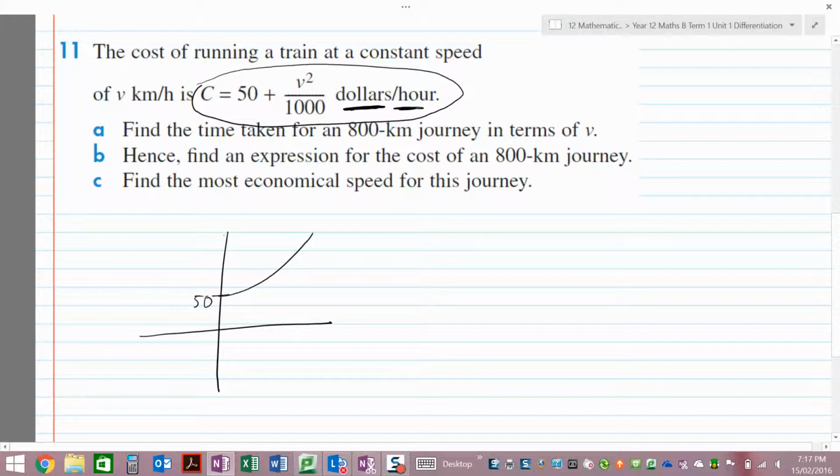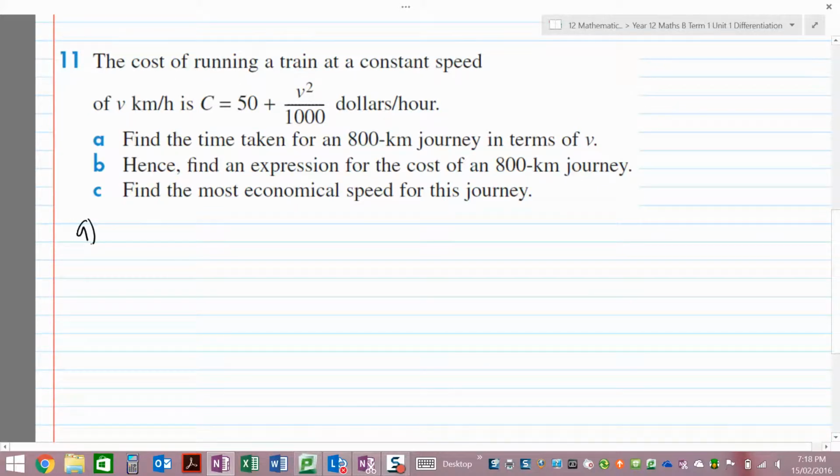Okay, so it'll look something like this. The faster you go, the more it's going to cost you per hour to run the train. So we can imagine that $50 is just for the driver's salary per hour, and the v is the velocity. So the faster we go, the more fuel we'll burn. It'll get more expensive per hour.